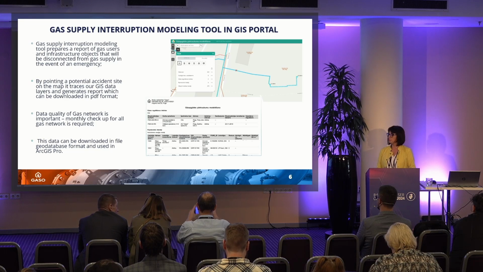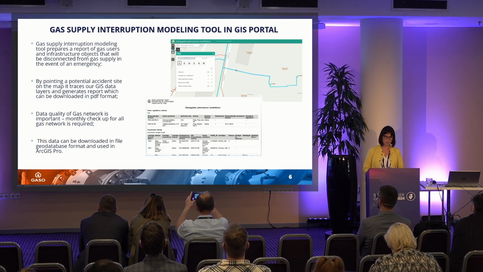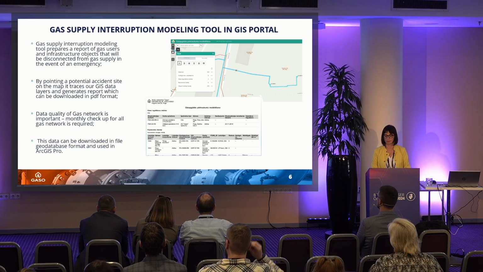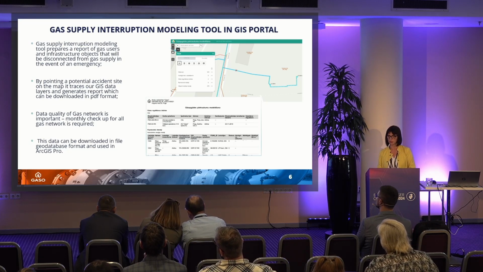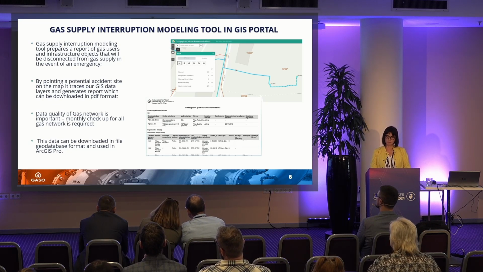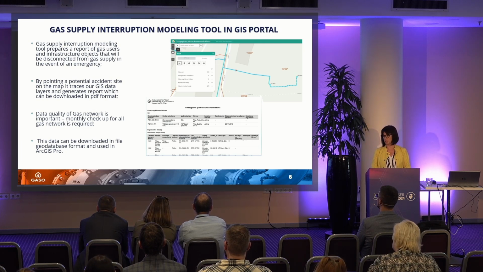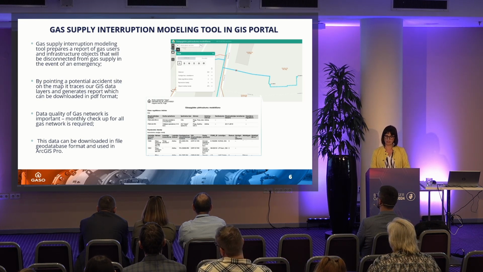This is our biggest and most popular tool in our portal. This trace tool was custom made for us. It uses information not only from the GIS database while tracing the network, but also from the consumer accounting system, which is integrated into the GIS.